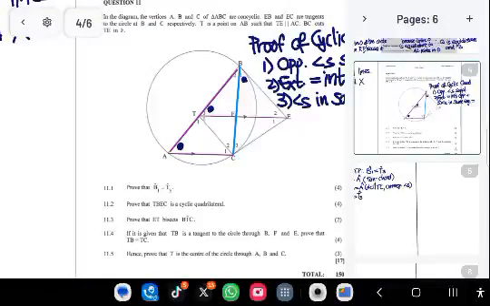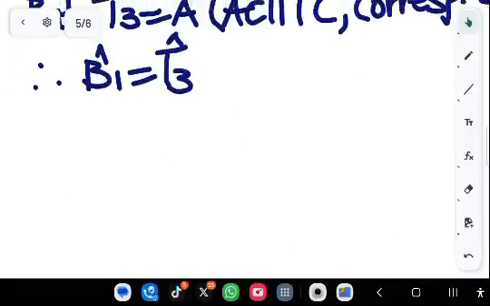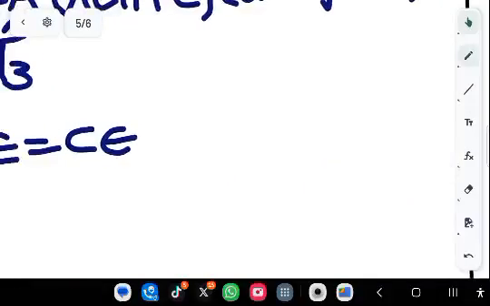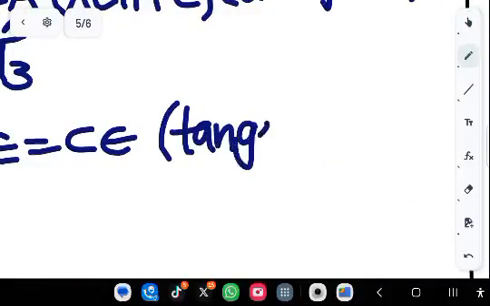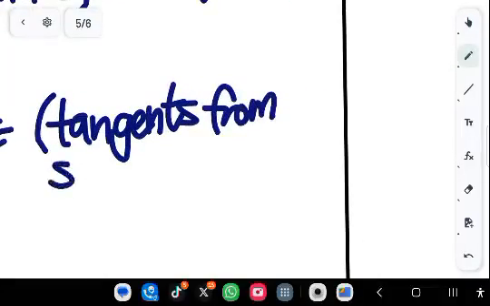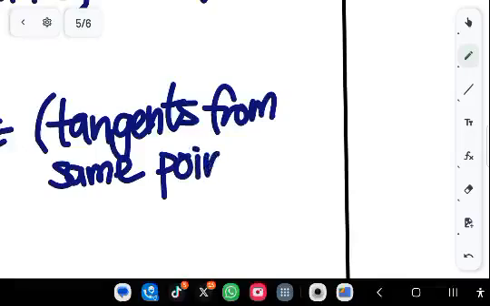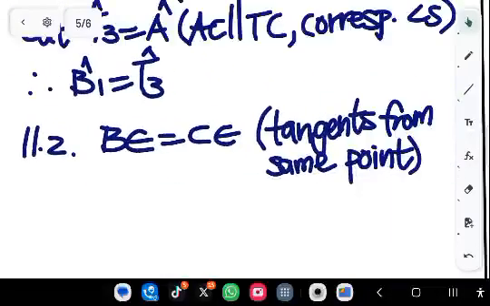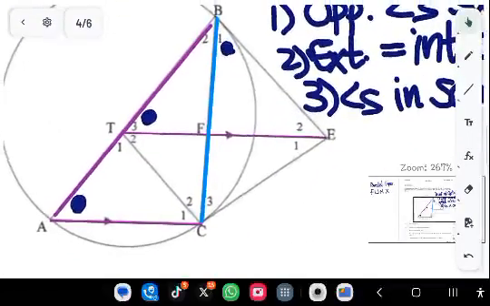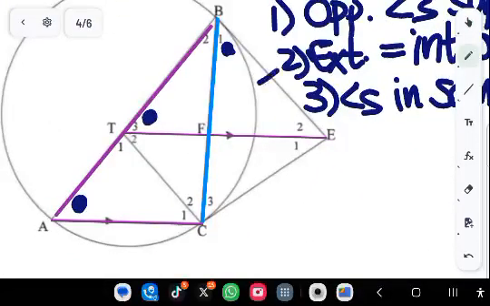11.2. BE equals CE, and the reason is tangents from same point. Now that BE is equal to CE, therefore the base angles are equal.